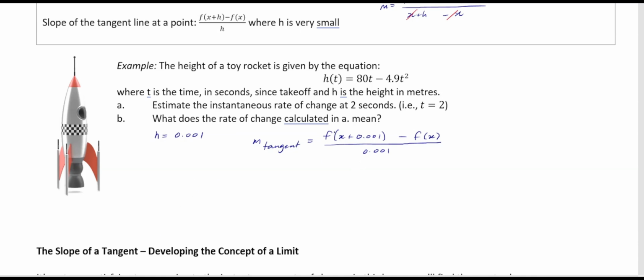So we have our x value, it's 2. What I'll do is find f of 2.001, okay, so I'll insert 2.001 into the equation, and then I'm going to find the value of the function at just 2.